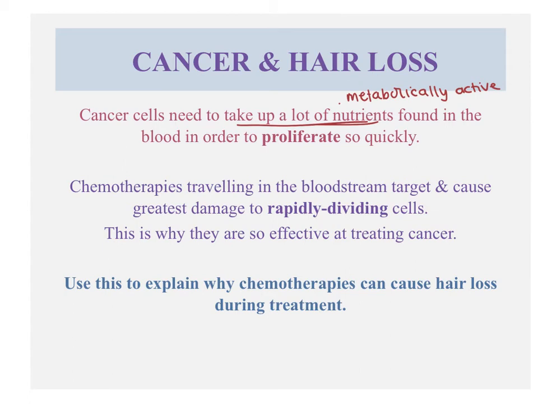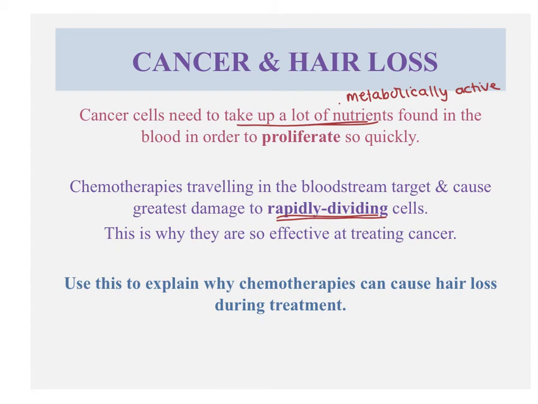Now, chemotherapies travel around the bloodstream. As we said, you're sitting there with a drip in for a few hours, and they target those rapidly dividing cells. So it recognises that cancer cells are really, really active, they're dividing really quickly, and they're like, nah, get rid.